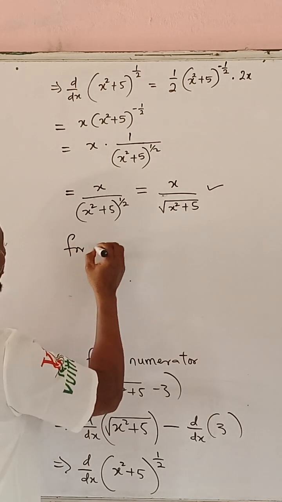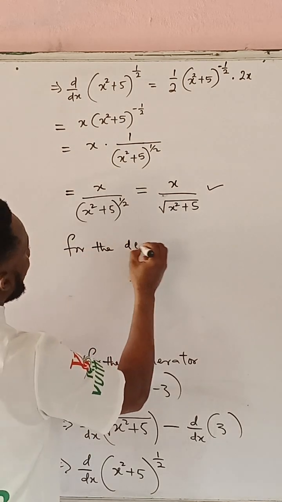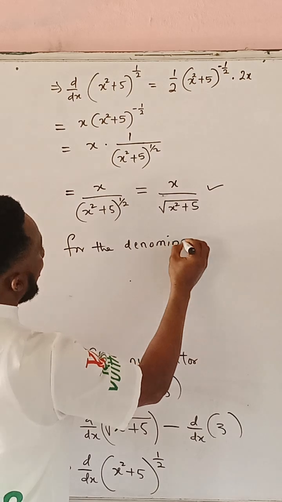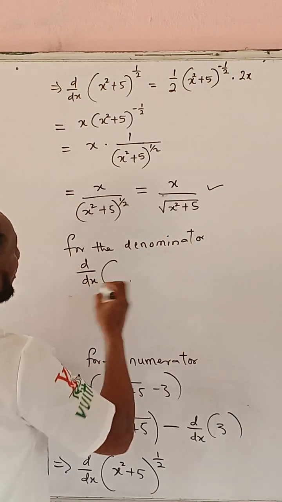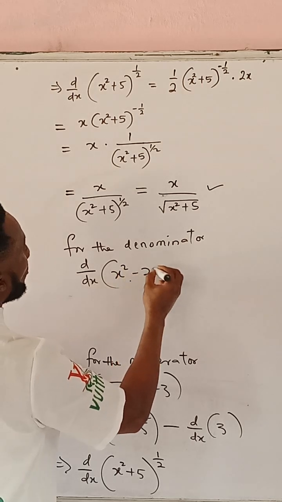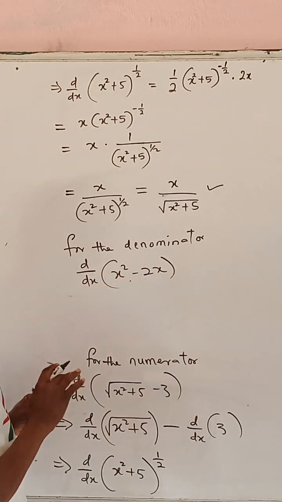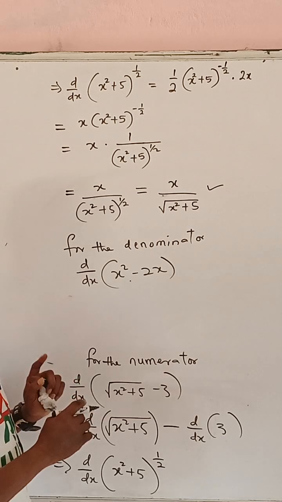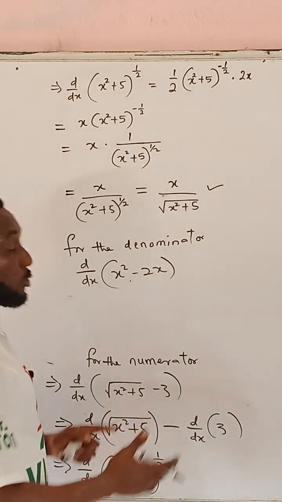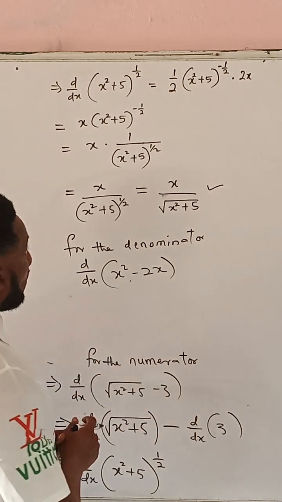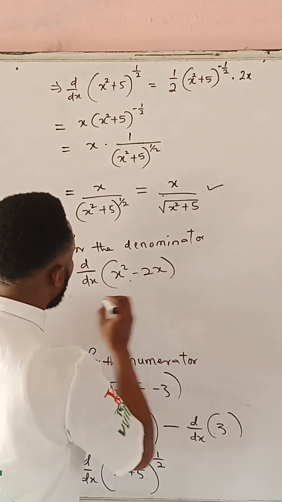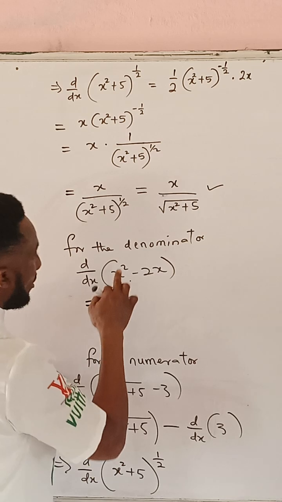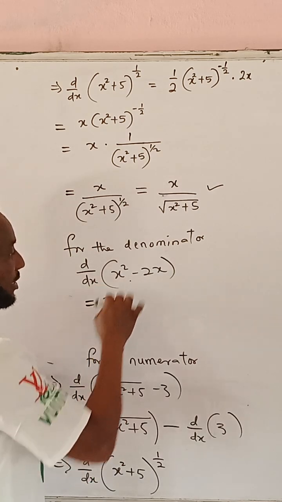Then for the denominator, we do likewise. I will use the differential operator to act on x squared minus 2x. Now, it's very easy. It's actually differentiation by summation and difference. All I will do is differentiate x squared, which will give me 2x. 2 multiplied by x, that's 2x.